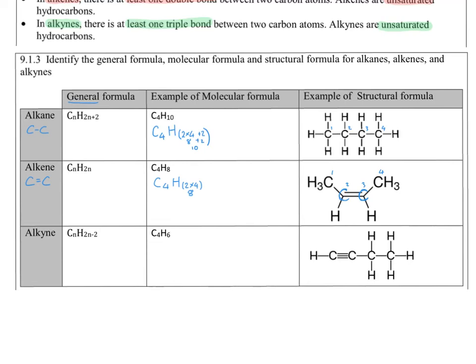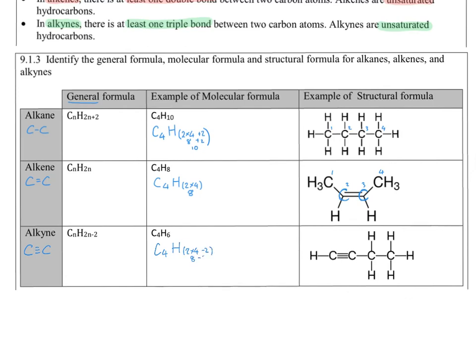Finally, we've got our group that are alkynes. Alkynes have a carbon-carbon triple bond, 3 bonds. Because we've got more bonds between the carbons, it means we have less hydrogens again. Choosing 4 carbons, this time C4, we would use our formula to work out the number of H's, 2 times 4, and then we would minus 2.